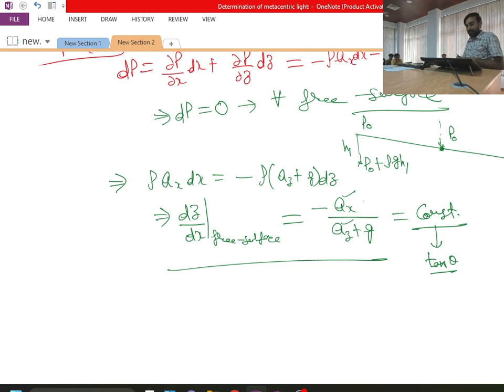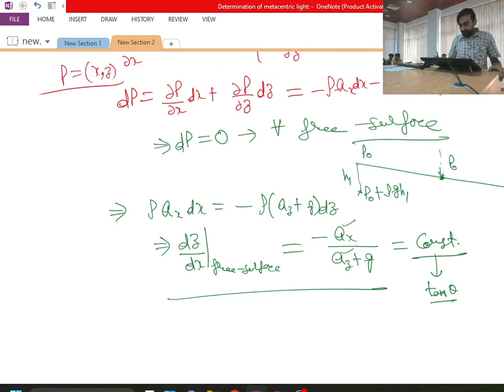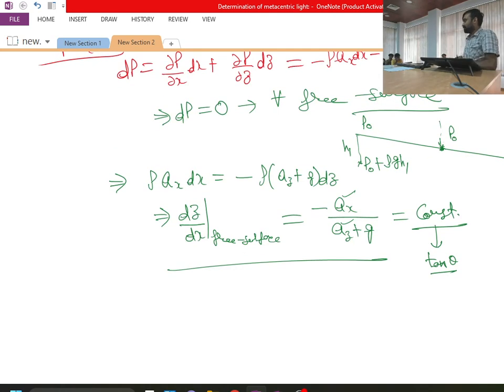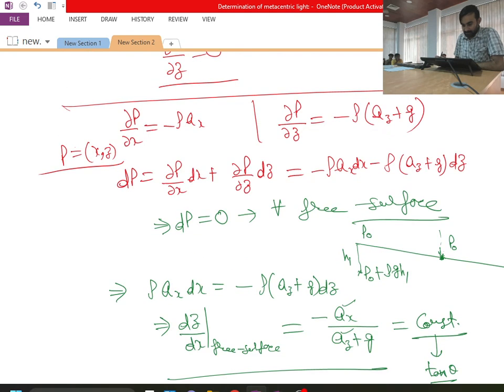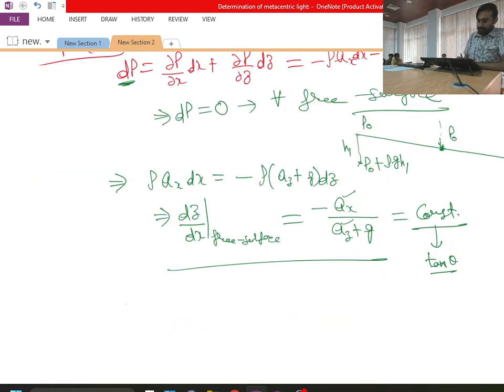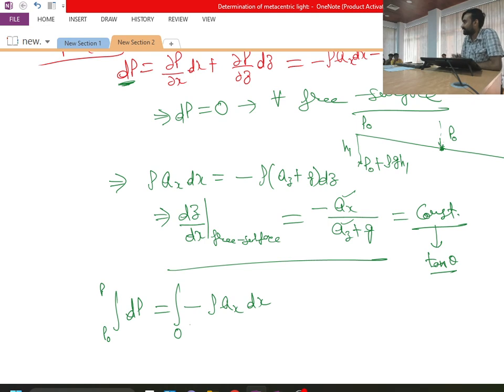Point is clear? Now next is, if you have to calculate pressure at different portions within the fluid for an accelerated object, how you can calculate? This is dP. If you integrate dP from P naught to P, that will be equal to minus rho ax, its integral over x from, say, origin of x is 0 to any other value x.